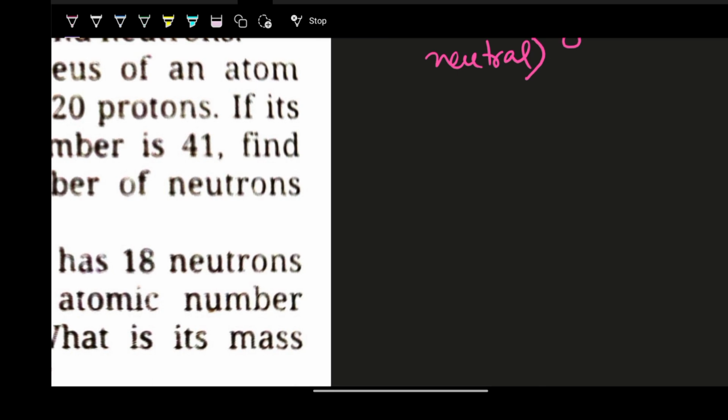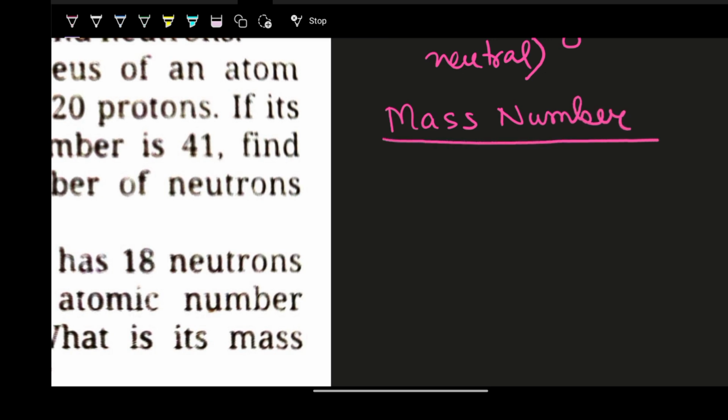Next, what is mass number? Mass number is the total number of protons and neutrons present in the nucleus, that is, total nucleons present in the nucleus.